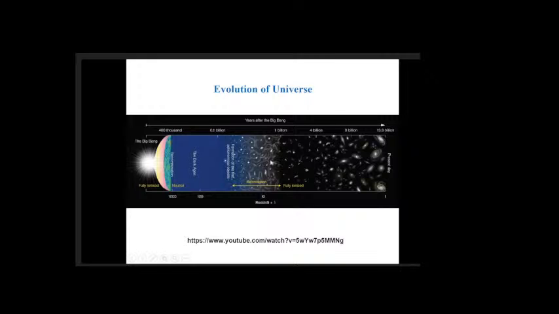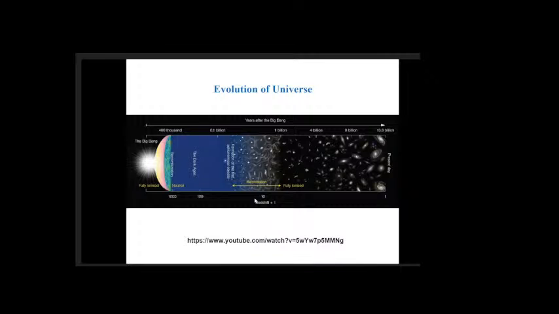As you can understand, the cosmic dawn and the epoch of reionization are basically major events in the universe. Unfortunately, we know very little about this epoch, and recently there have been huge developments in observing it.